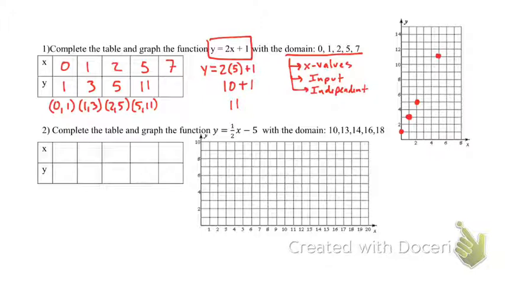And last but not least, we're going to plug in 7. Two times 7 is 14. 14 plus 1 is 15. So my next point is 7, 15. Okay, and we are actually done with problem number 1.